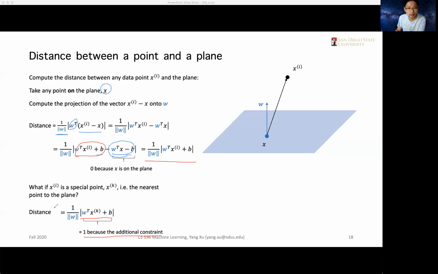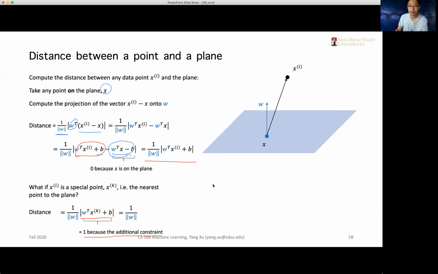So the distance between the nearest point and the plane becomes 1 over the norm of w.